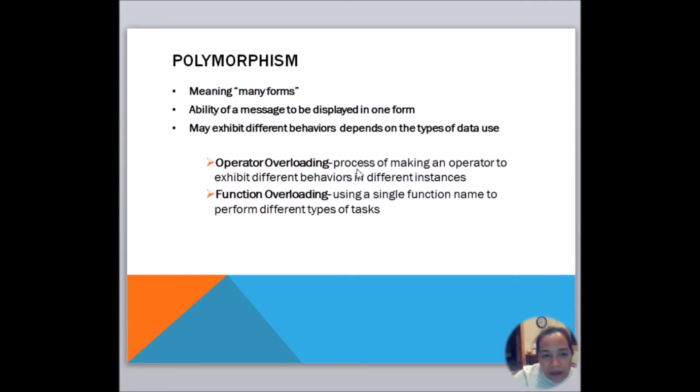Operator overloading is the process of making an operator exhibit different behaviors in different instances. And function overloading is using a single function name to perform different types of tasks. Polymorphism is extensively used in implementing inheritance.